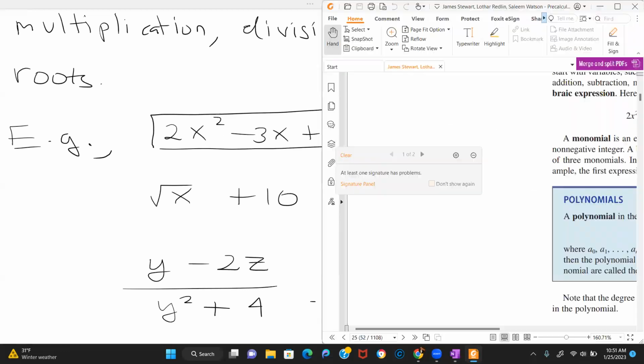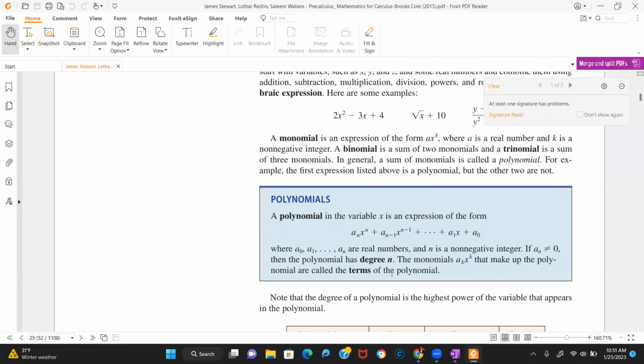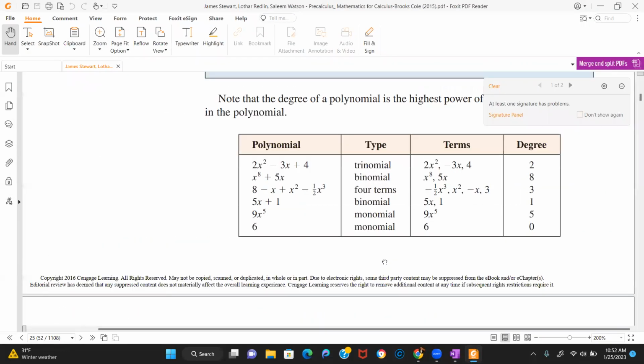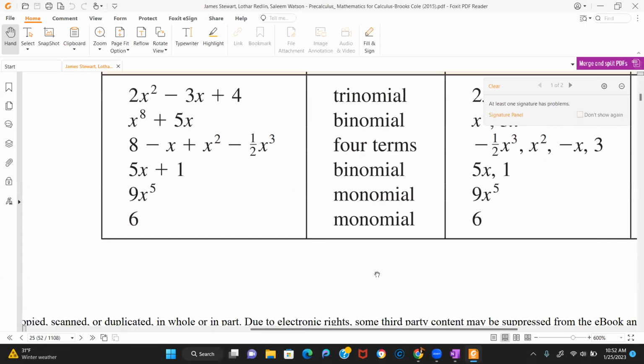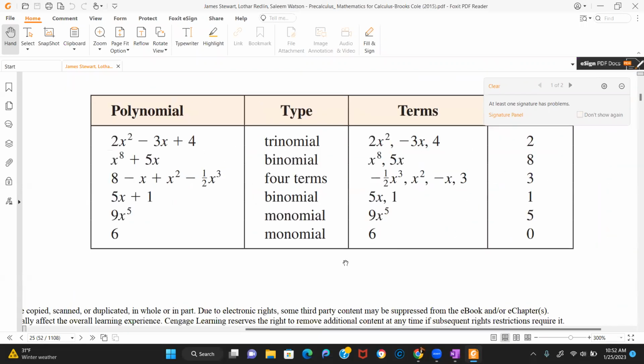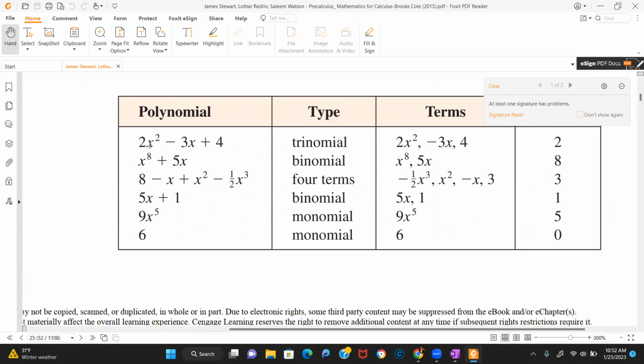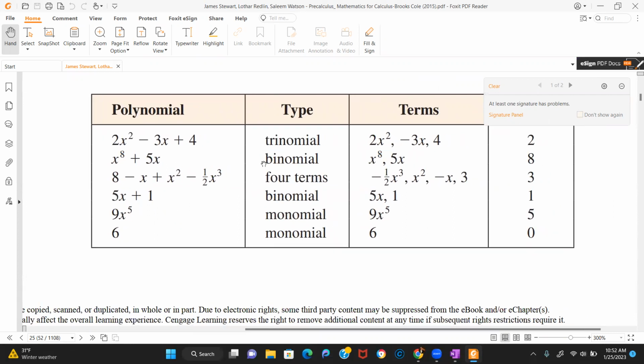Let me just pull up the book so I don't have to write so much out. Here's a table with some examples. Here's the example we already saw, this one right here. These names are not going to matter a whole lot, so don't even worry about whether something's a binomial or trinomial.